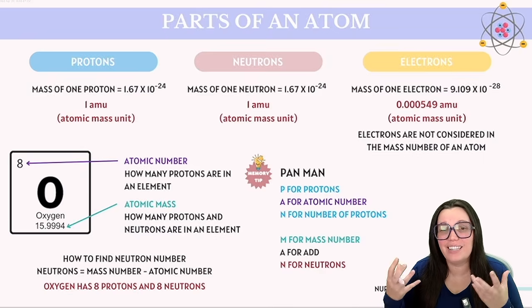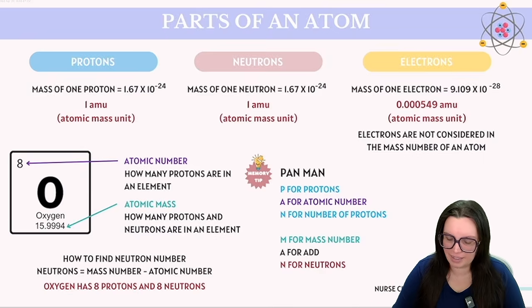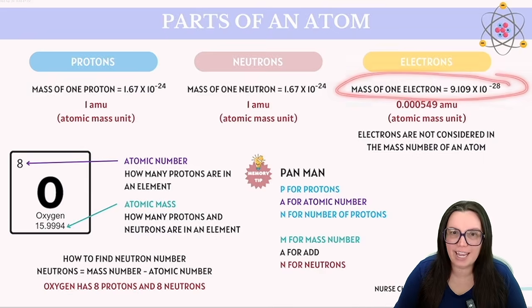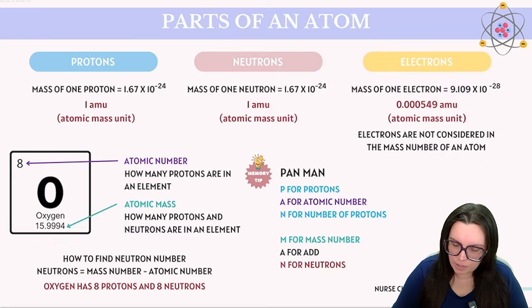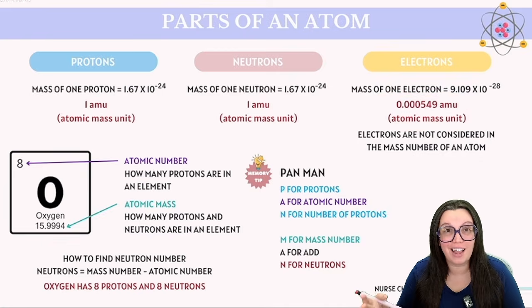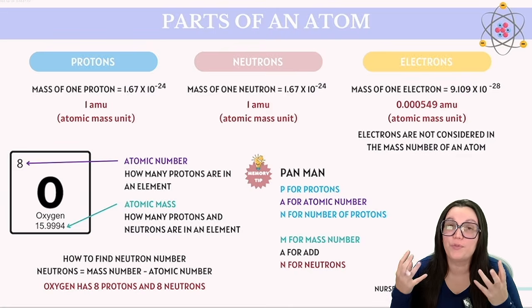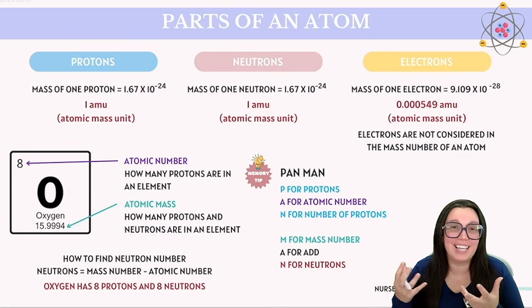In contrast, an electron is significantly lighter than our protons and neutrons. It only weighs about 0.000549 atomic mass units. This minute mass is a mere fraction of that of protons and neutrons.